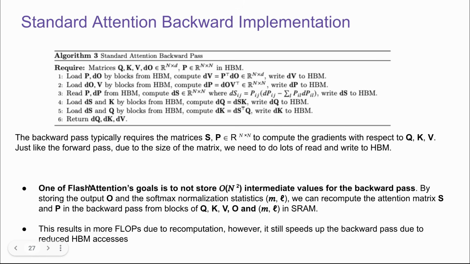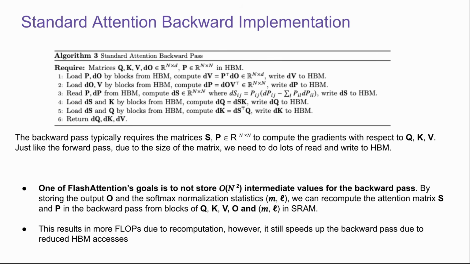Recall that one of FlashAttention's goals is to not store O(N squared) intermediate values for the backward pass. So what should we do in this case? Remember when we talked about IO bound and CPU bound tasks? For transformer training, it's IO bound, which means if we can sacrifice a little on the computation and improve a little on the IO, it's actually a win.